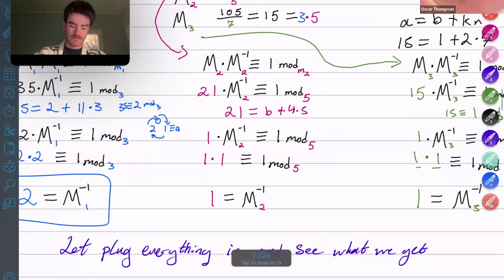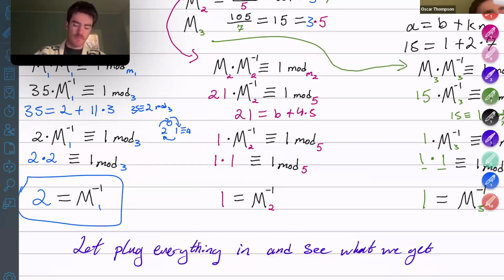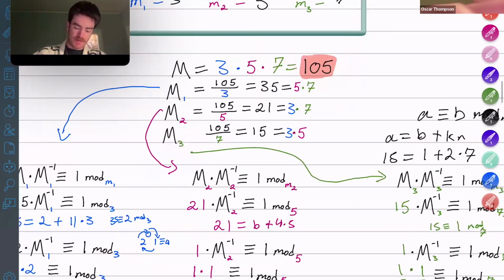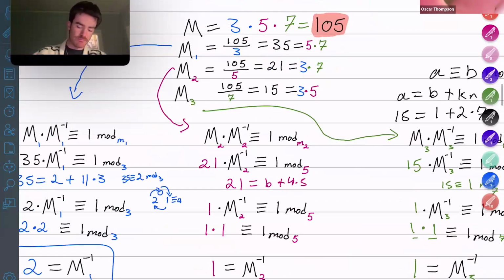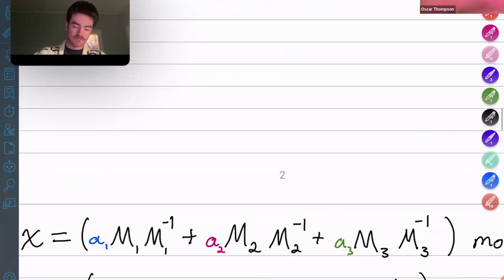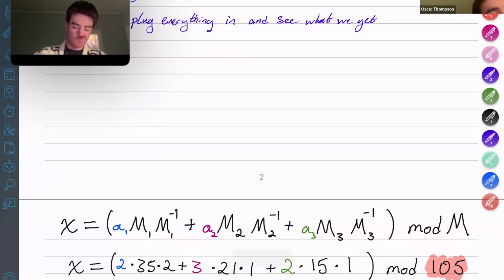So now we've gotten our M1 inverses, M2 inverses, and M3 inverses. We also got our big M's from up here, blue, pink, and green. So we're going to plug everything in. Here's our formula once again.